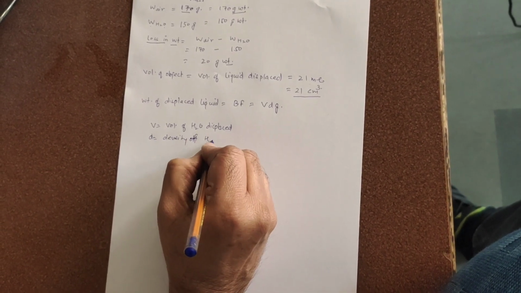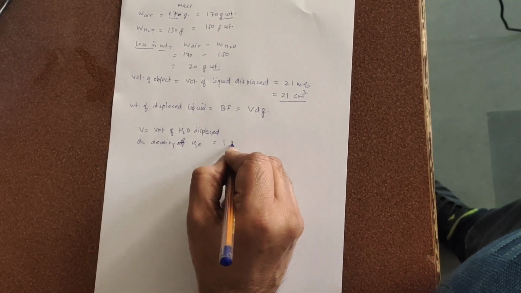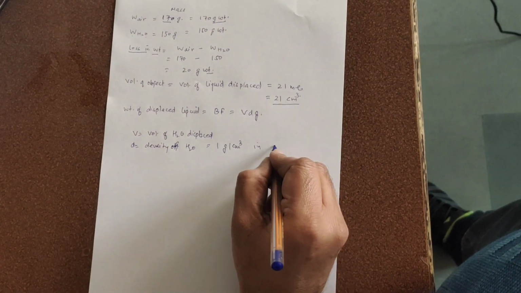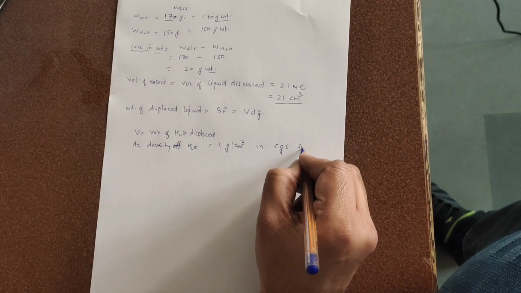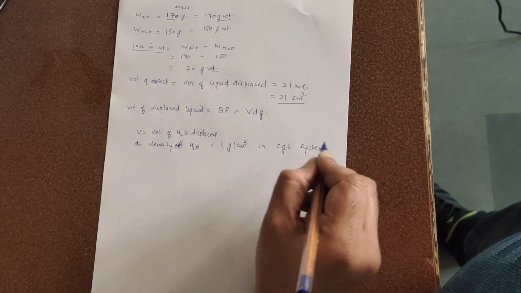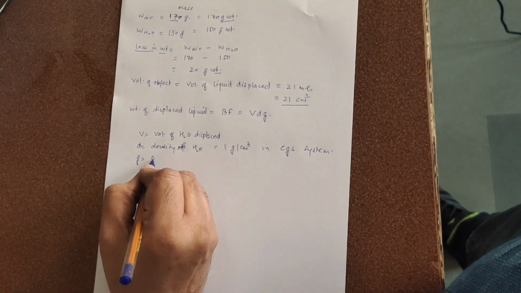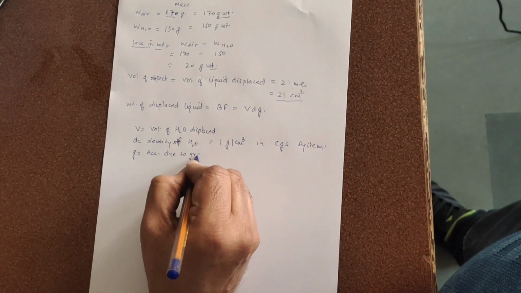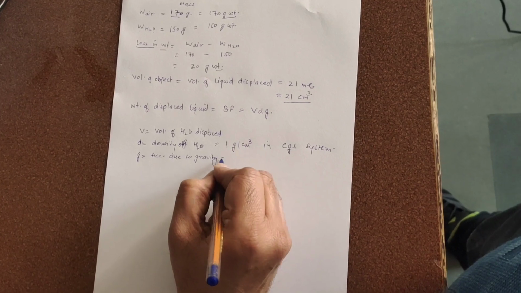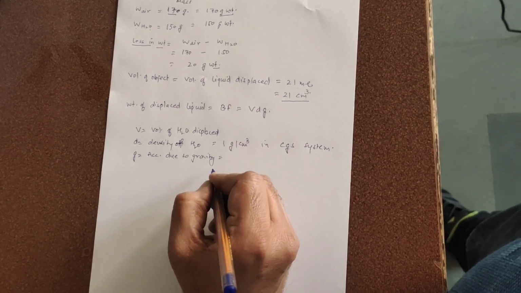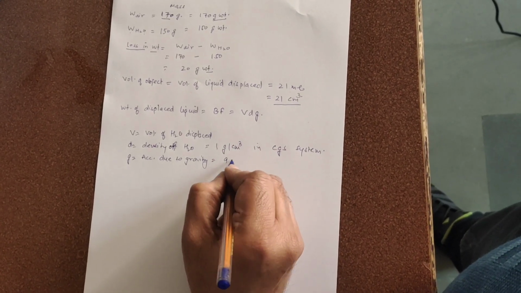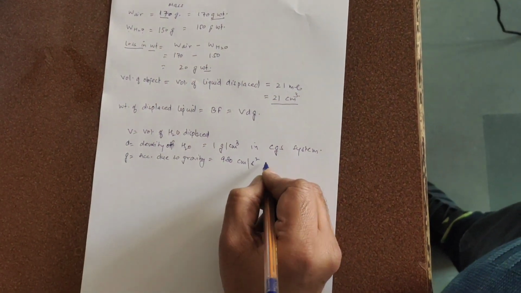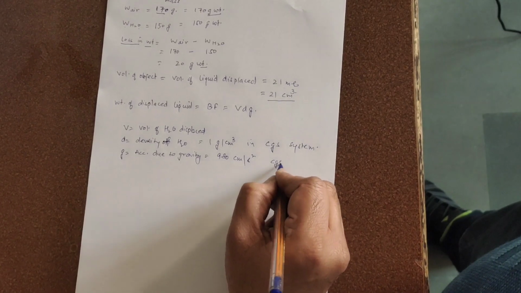The density of water is 1 gram per centimeter cube in CGS system, and G is acceleration due to gravity. It is 980 centimeter per second square, again in CGS system.